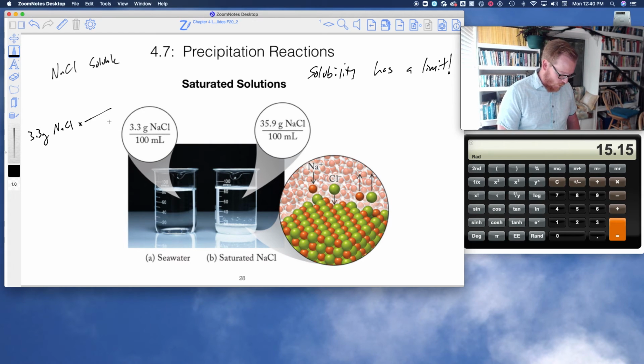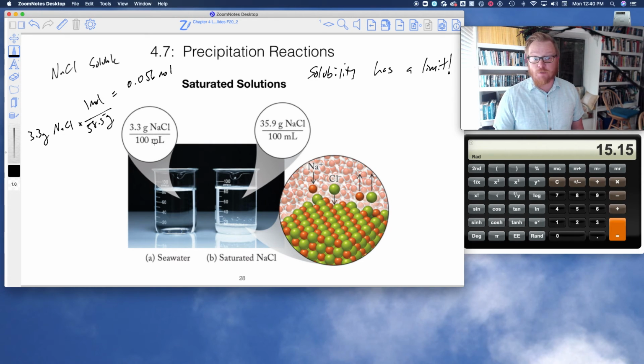It's 23 plus 35.45, 58.45. Let's just say 58.5 grams of sodium chloride in 1 mole. So 3.3 divided by 58.5 gives me 0.056 mole.